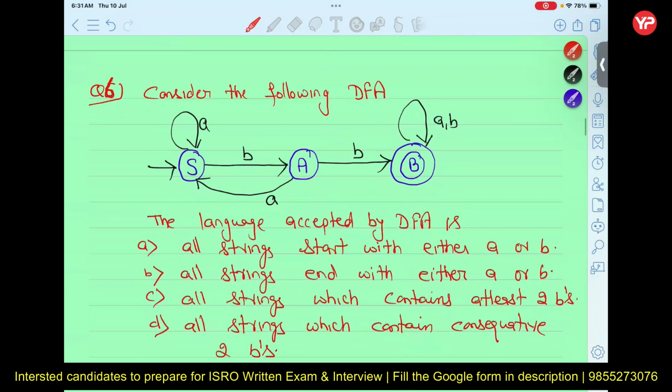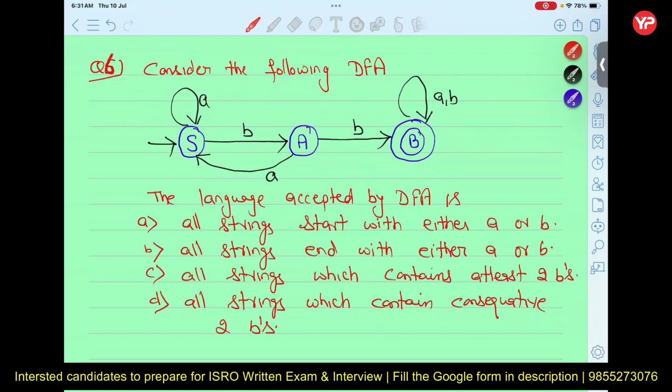Next, consider the following DFA, and what is the language accepted by the DFA? Very important problem. All strings start with either a or b. This option is absolutely true, but it is not completely true. We know that from S we have a loop of a, and from S there is an outgoing arrow on b.